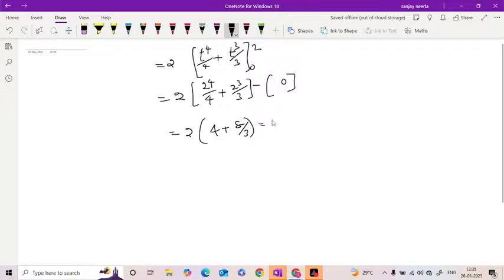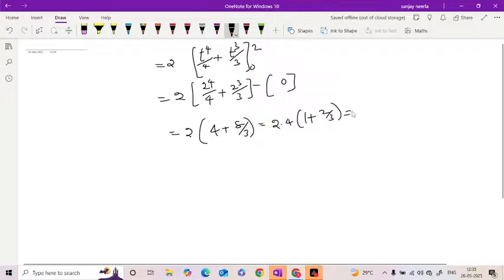Now in this one I am separating 4. Now 4 into (1 plus 2 by 3), so 2 into 4 into 5 by 3, it is 40 by 3 is our result. Okay, so this is the question.